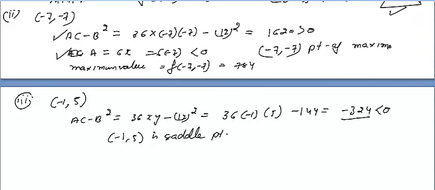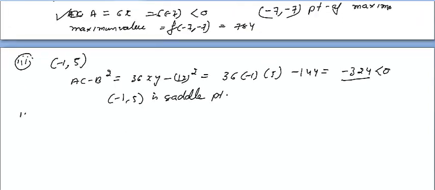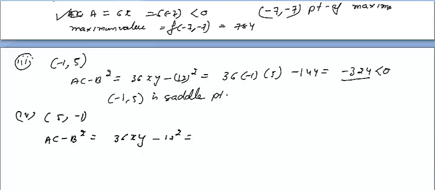So the fourth point you will check. Fourth point is 5 and minus 1. So what you will do, you have AC minus b square. AC is 36xy, minus b square, 12 square. So you have 36, x is 5, y is minus 1, minus 144.